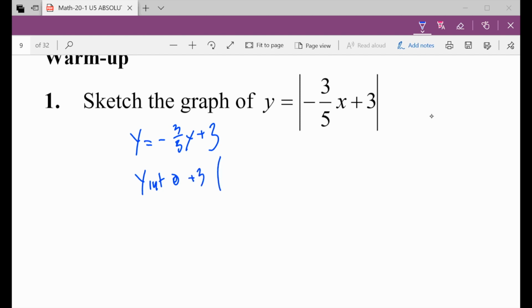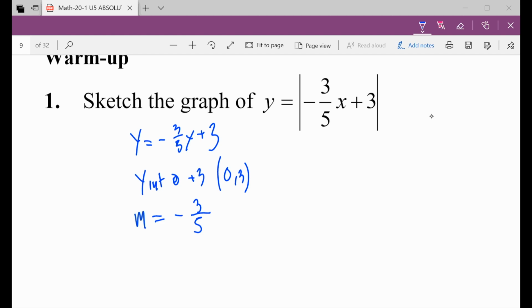In other words, at 0, 3, that's where the graph crosses the y-axis. And what else do we know? We know that there is a slope of negative 3/5. And with those two bits of information, we are ready to graph this line pretty much directly.